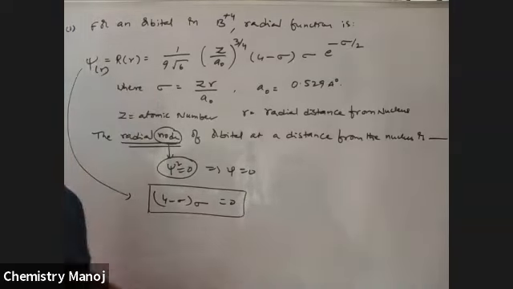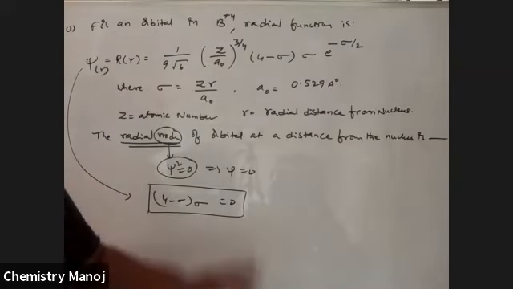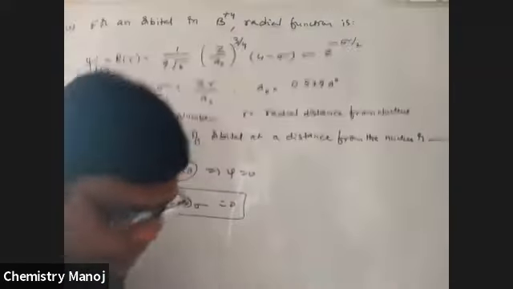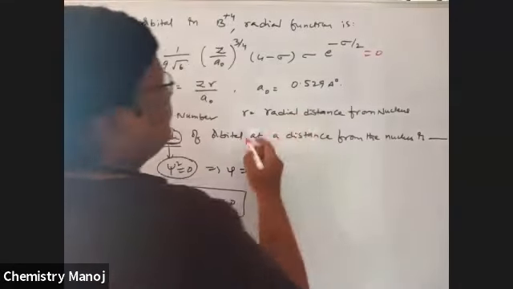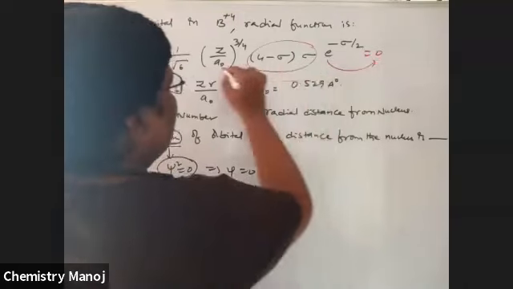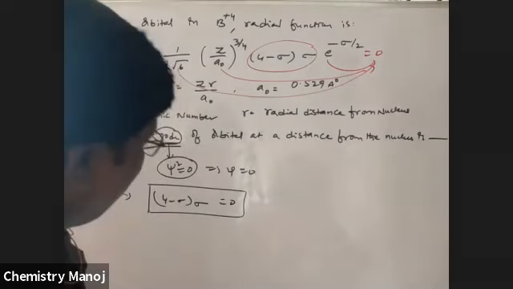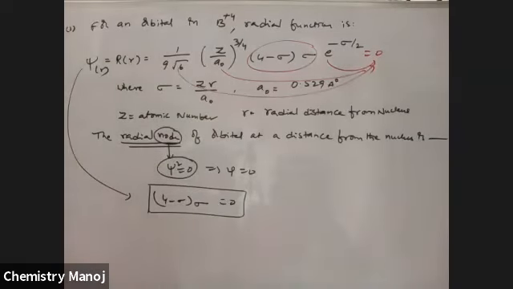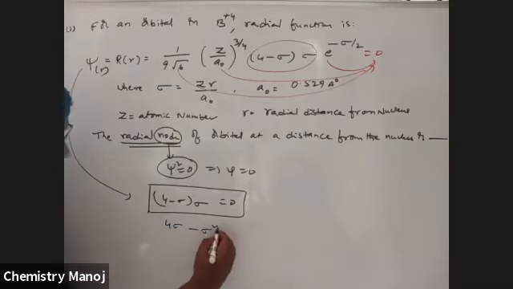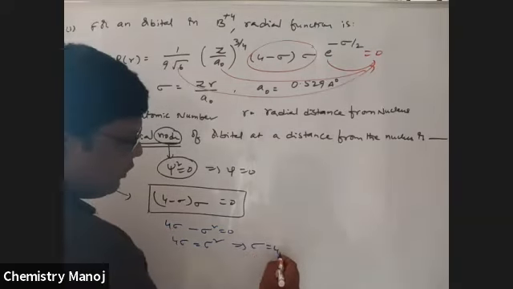Take the rest as 0; except these two, all the others go to that side. That is 4 minus sigma into sigma is equal to 0. Now the relation is 4 sigma minus sigma square is equal to 0, that is 4 sigma is equal to sigma square, which implies sigma is equal to 4.